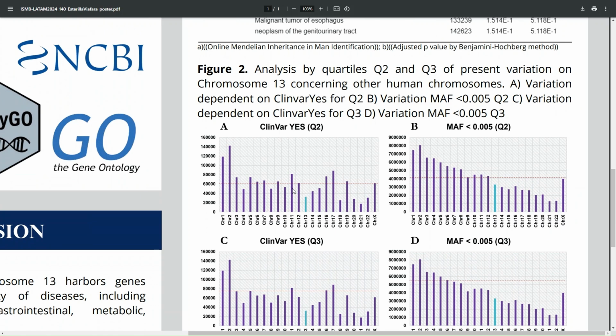In Figure 2, we can see the analysis by quartiles for clinical variations related to diseases, Q2 for the second quartile and third quartile, and the minor allele frequency, also known as MAF, for the second quartile and third quartile, while statistical analysis for most disease-associated variants reveals no significant enrichment compared to the background of the genome.